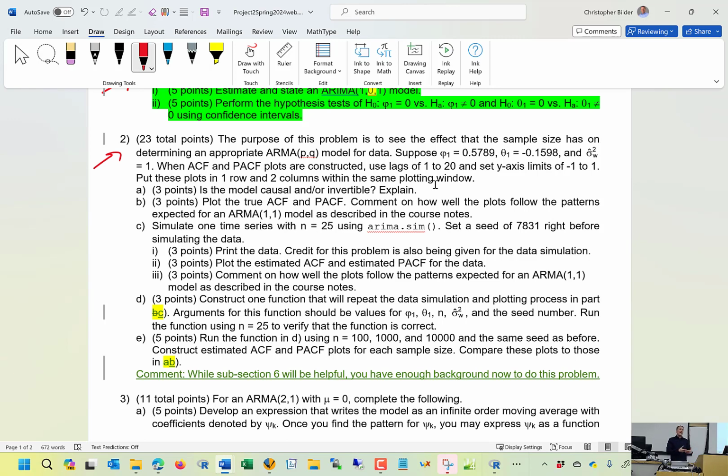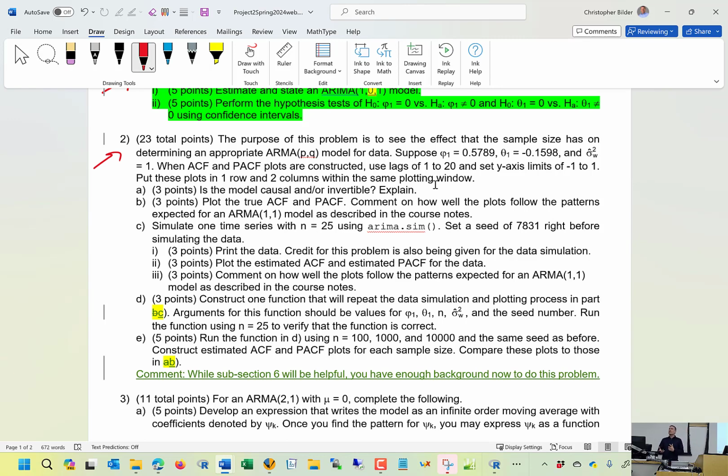That was using plots of the x of t versus t. Now what we're going to do is have a time series model here, and look at the estimated ACF from the simulated data, and the estimated PACF from the simulated data.